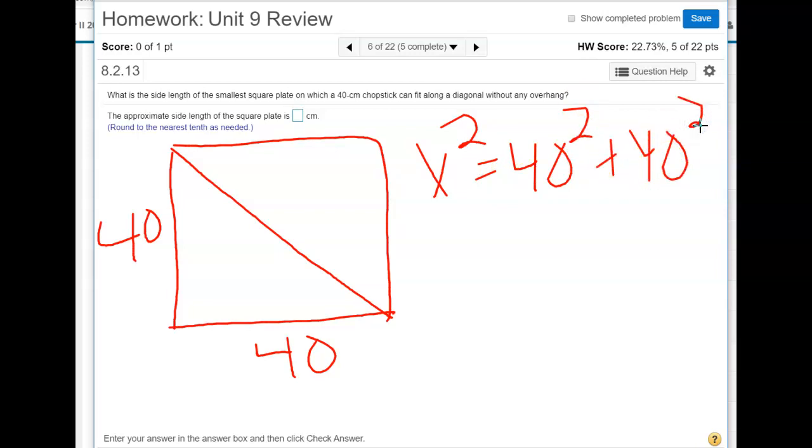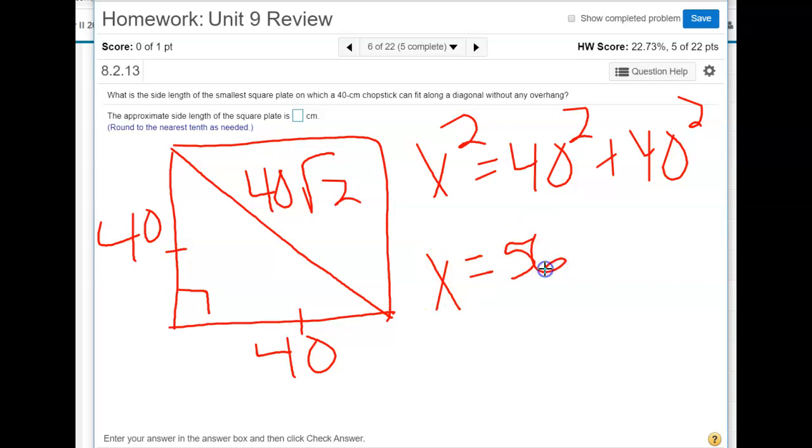Or we can recognize it's a 45, 45, 90 triangle, and we know that because it's a square with two sides that are the same. And to get from the leg to the hypotenuse, we simply multiply by radical 2. Notice in the directions here, it says we get to put it in decimal form. Typing that in, I end up with x is equal to 56.6 to the nearest tenth.